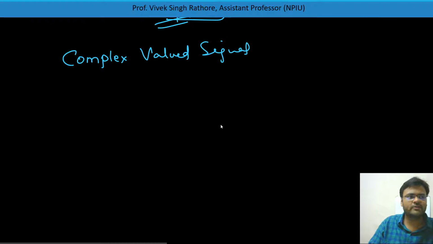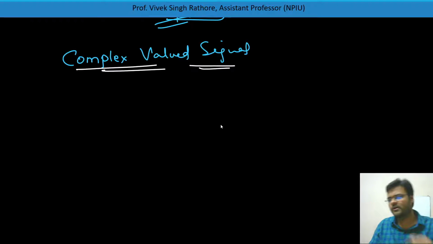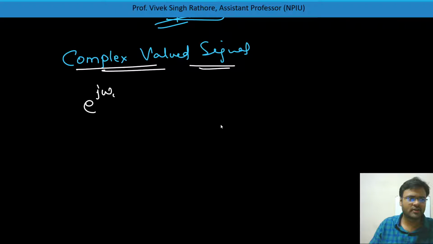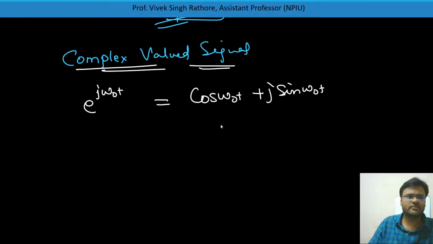So for complex valued signal, first we'll take the Euler signal. From the Euler signal only we can see all the things. So e to the power j omega naught t is cos omega naught t plus j sine omega naught t. This is the Euler signal.